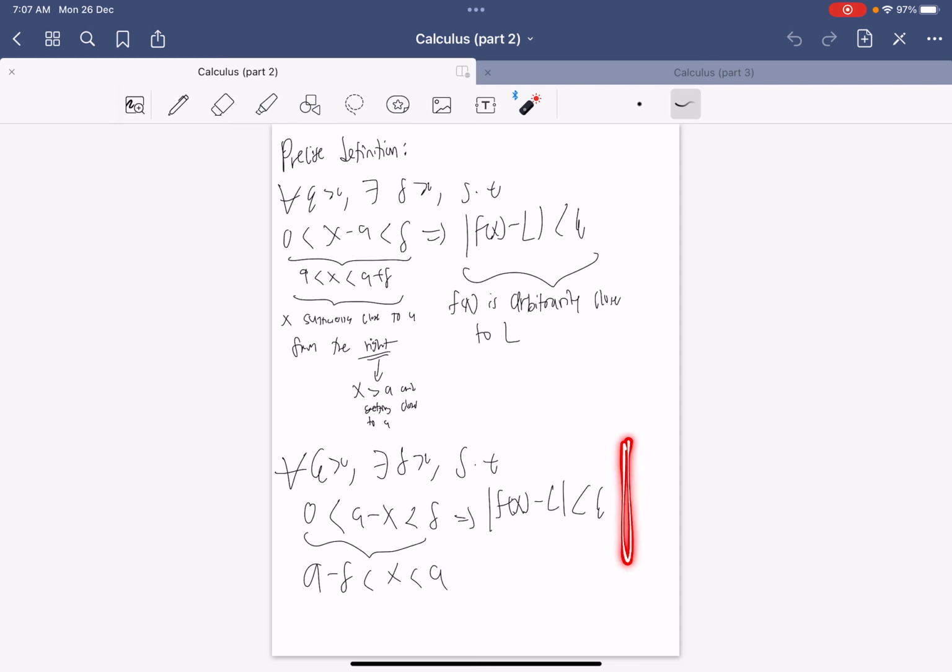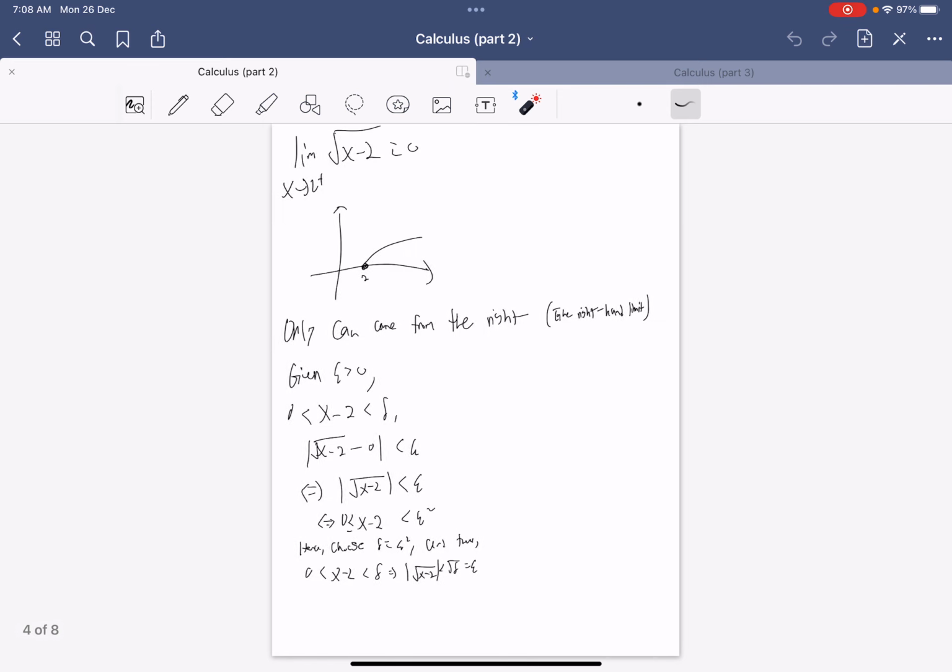You can make a similar definition for the left-hand limit. But in this case, you want x to be within a minus delta to a, which just implies that a minus x is less than delta. And with this precise definition, it allows us to prove limits for functions that only have one-sided limits at certain points.